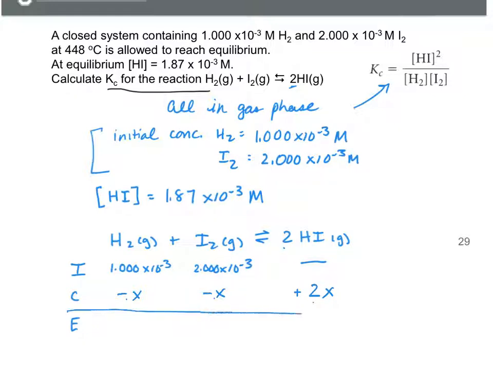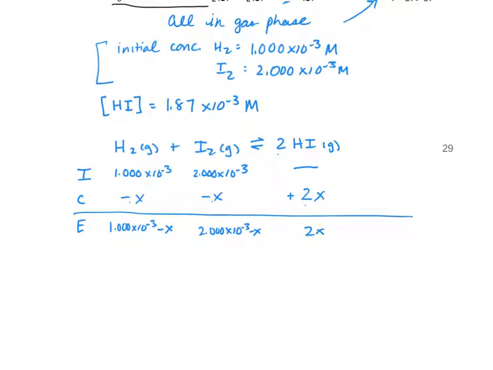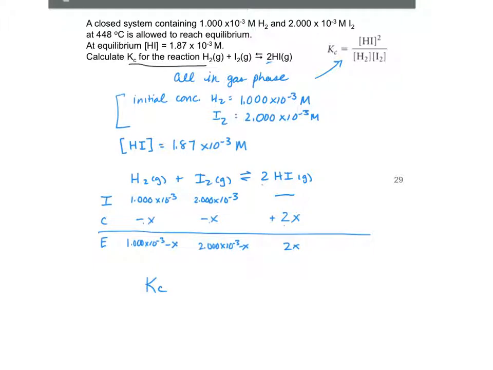So then at equilibrium, we're going to have 1.000 times 10 to the minus 3 minus x for H2, 2.000 times 10 to the minus 3 minus x for I2, and 2x for HI. So our goal is to calculate Kc, but right now we have everything in terms of x.